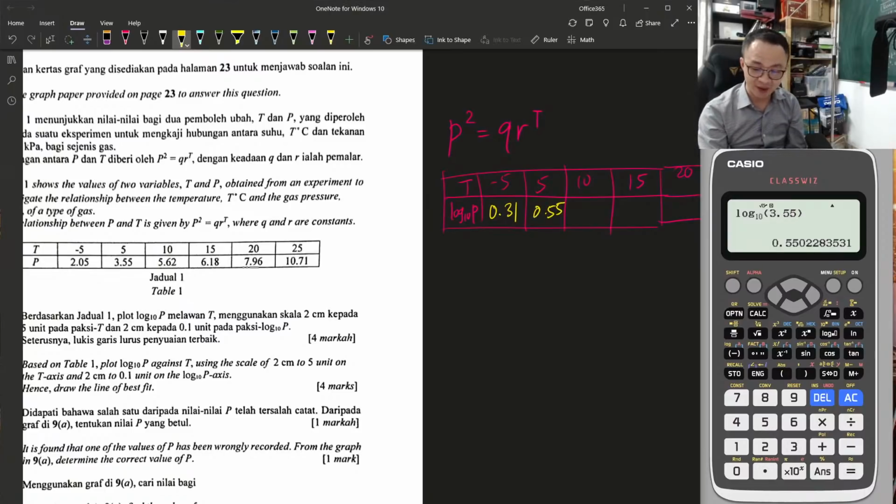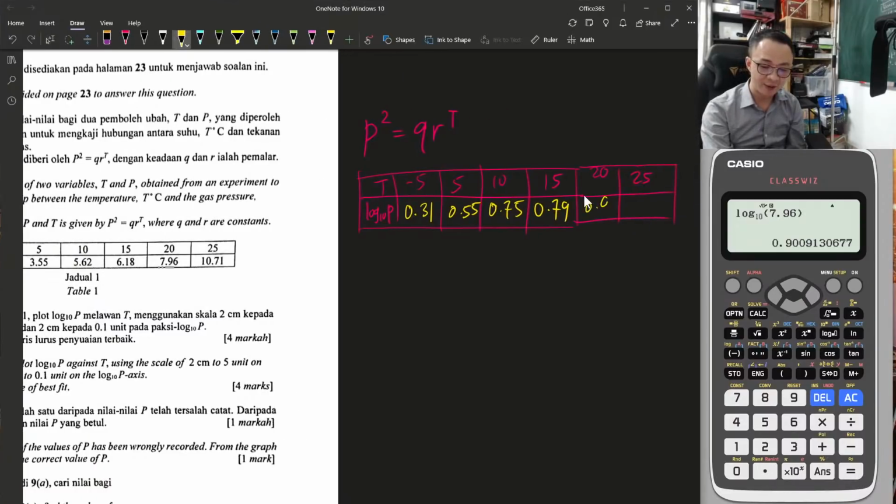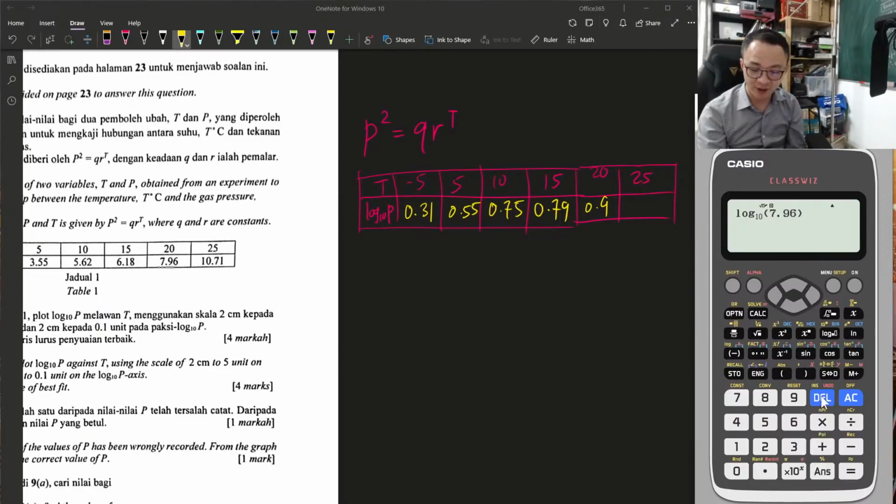Then the next one is 5.62, then I just enter 0.75. Then the next one is 6.18, 0.79. You can just do it one by one. And then the next one is 7.96, so this is 0.9. The last one is 10.71.